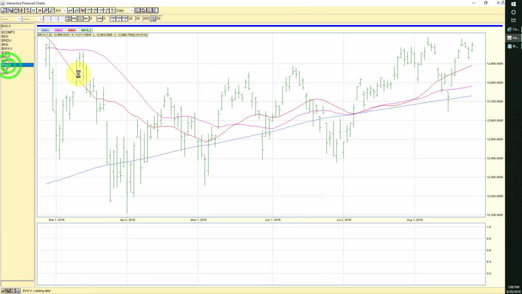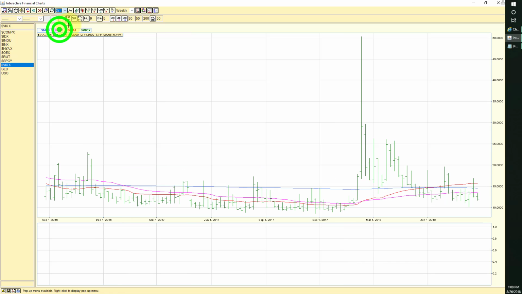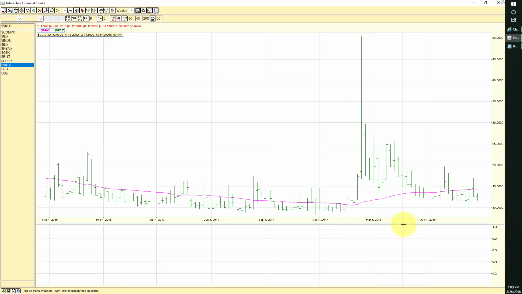Switching to the VIX Volatility Index, going to a weekly 2-year chart with a 40-week simple moving average. We can see that the implied volatility over the past week is clearly lower than the mean, but has not broken through support that looks to be around $11.85.